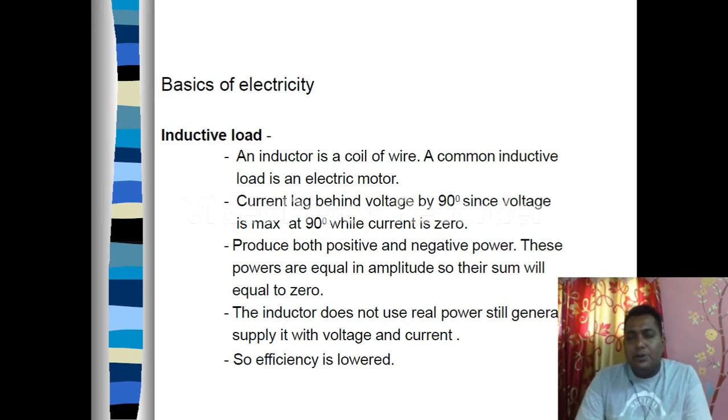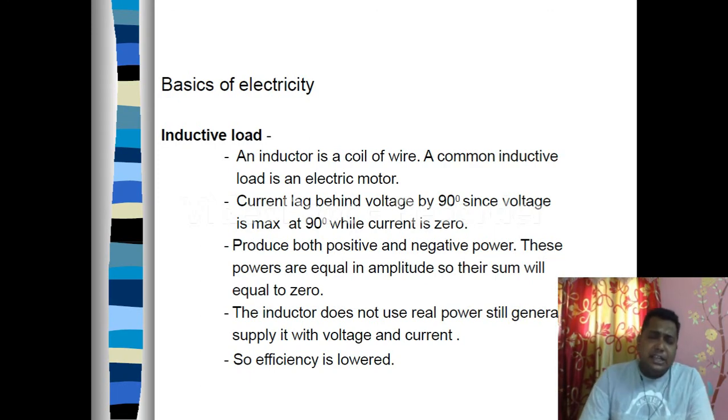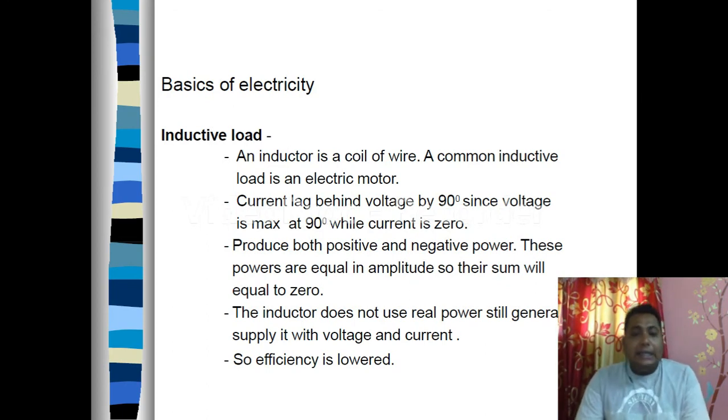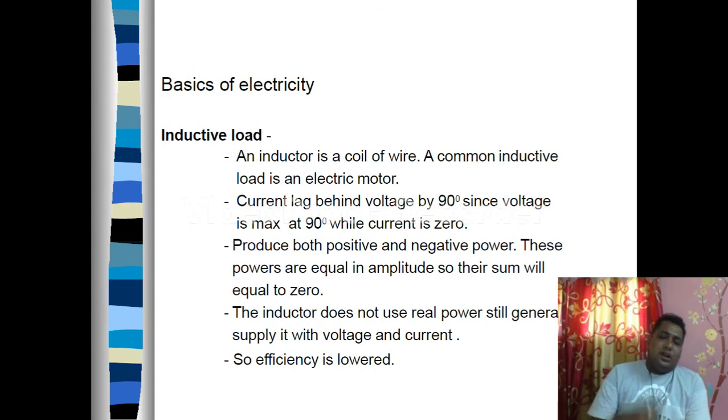It produces both positive and negative power as it is an AC, sinusoidal quantity. These powers are equal in magnitude, but their sum equals 0. The inductor does not use real power. Still, the generator supplies voltage and current, so efficiency is lower. So these are the properties.